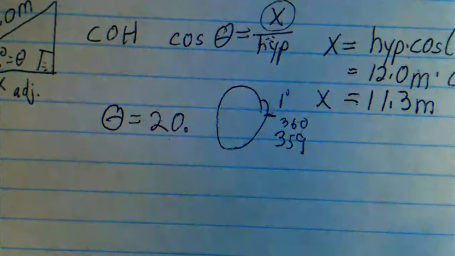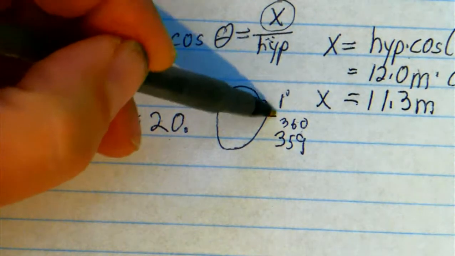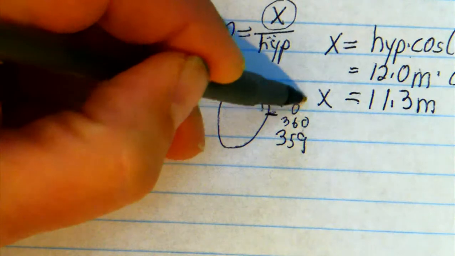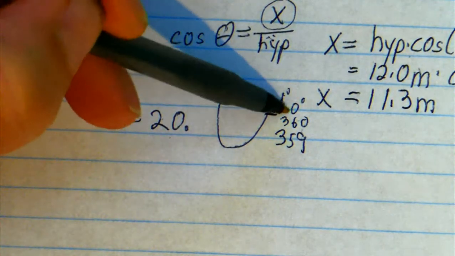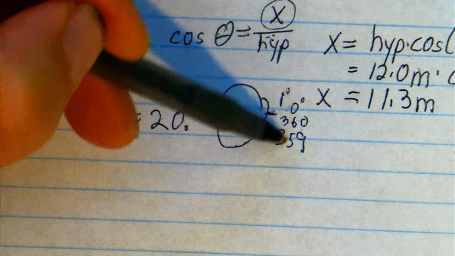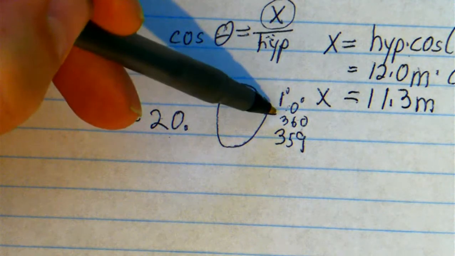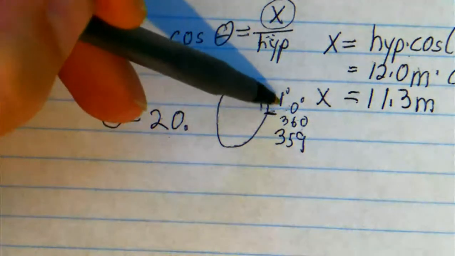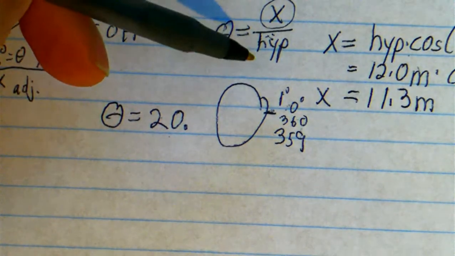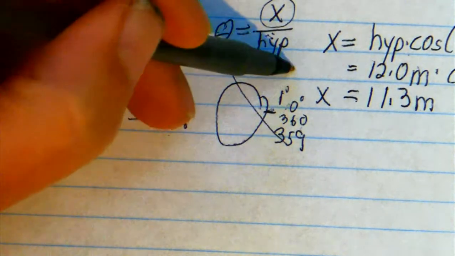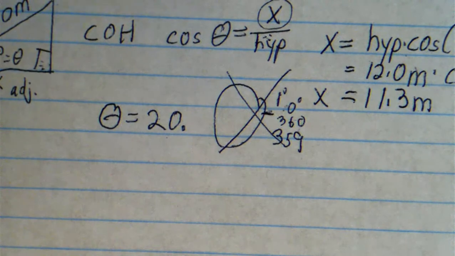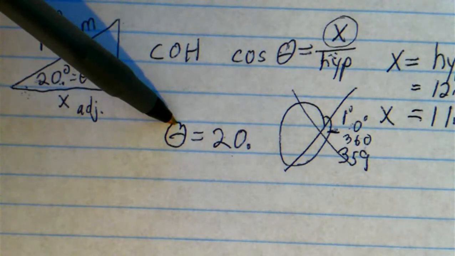Well, that's like, oh, I only know it to 1 sig fig between 0 and 1. But really, this is a change of 1 degree. This is a change of 1 degree. So it's not correct to think that this is 3 sig figs and this is 1 sig fig. So we're just not going to apply sig fig rules to degree measures.